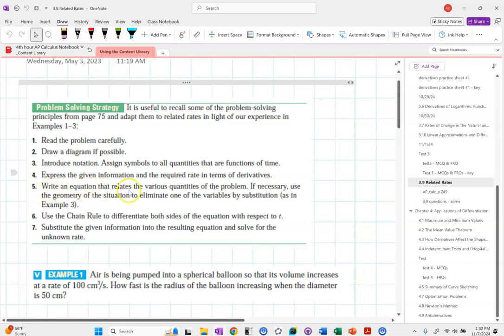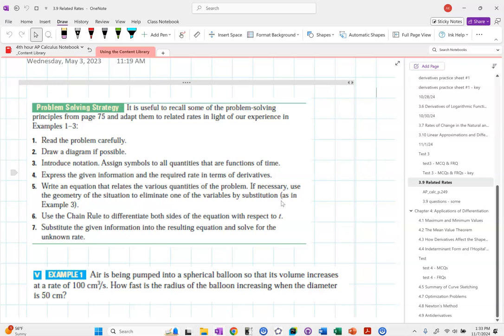Step 5 says, write an equation that relates the various quantities of the problem. If necessary, use the geometry of the situation to eliminate one of the variables by substitution. There'll be certain situations where you have more variables than you do information in the problem.